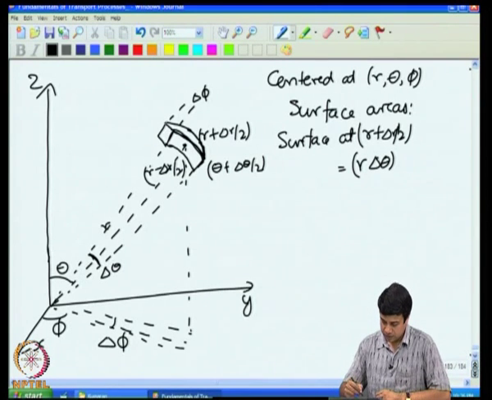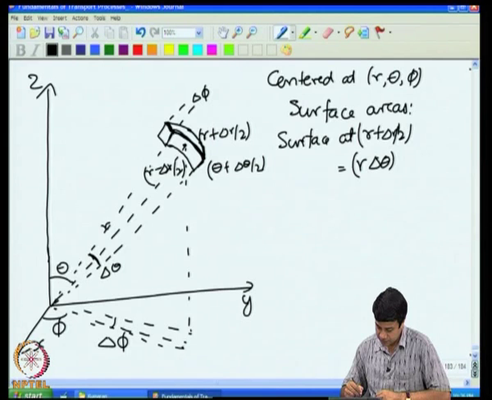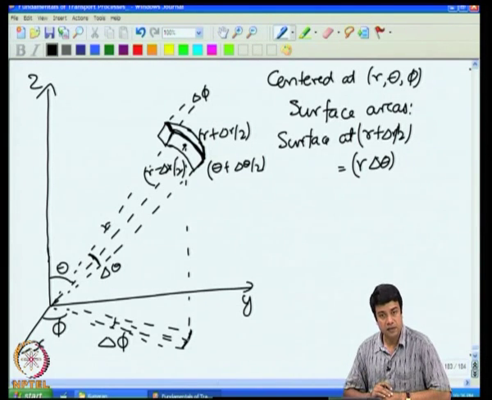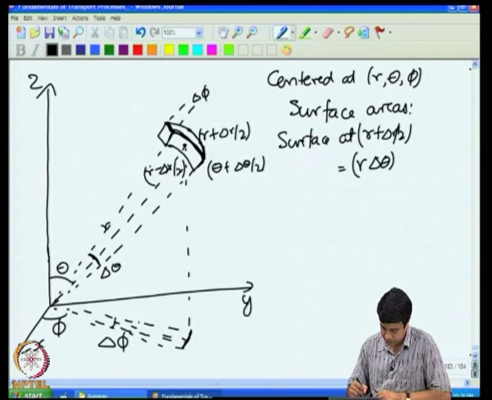Okay. So, this surface is bounded by two lines, one is here, the other is here. The other is in the phi direction. In the phi direction, this distance here is r sin theta. And this angle is delta phi.